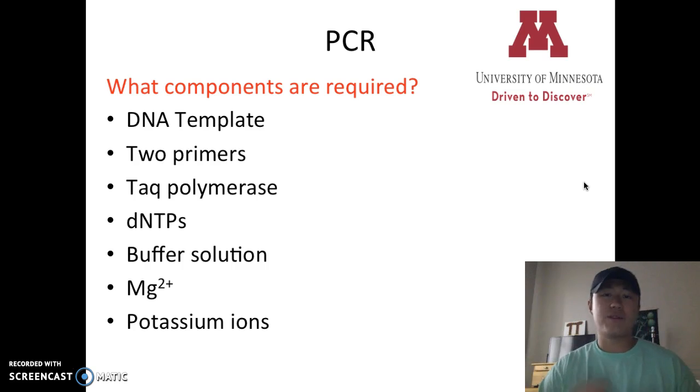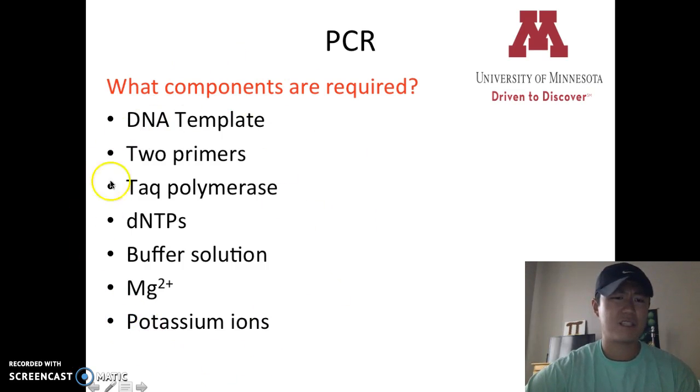So what do we need to start the PCR? There are many components you need for PCR, and this is really important because these are key components for PCR, and I believe that every class I've taken usually makes you memorize these components.